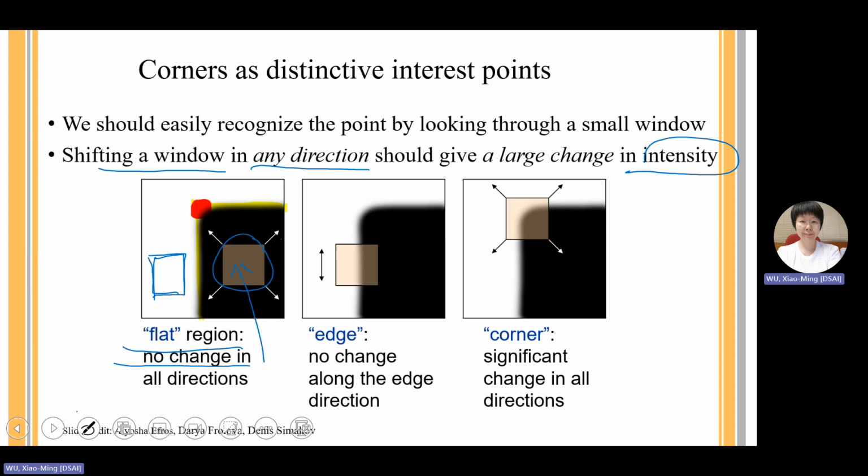If we move the window along any direction, there won't be a significant change in image intensities. So clearly both the white background and the black foreground are flat regions.